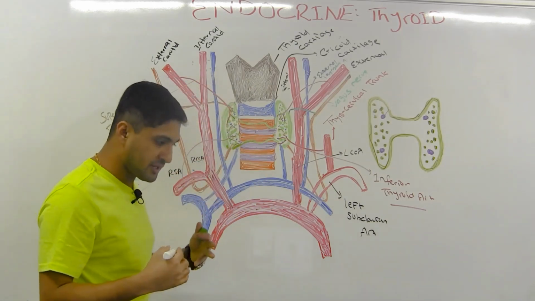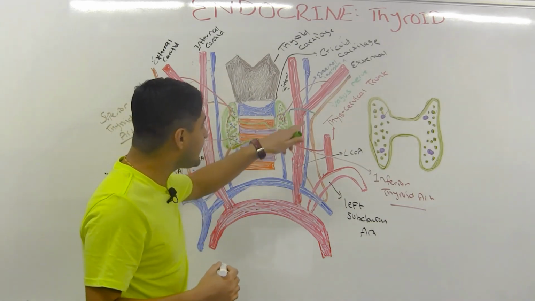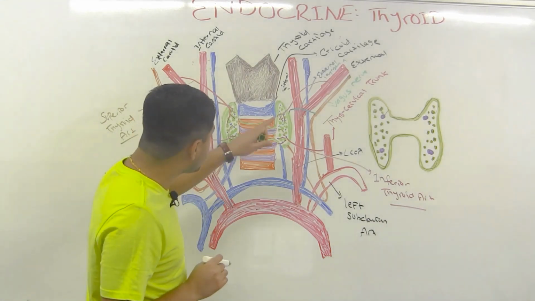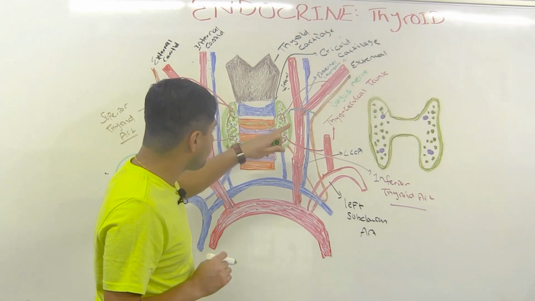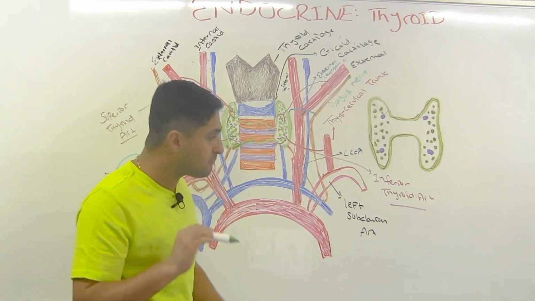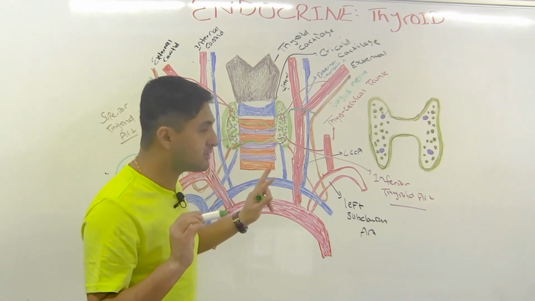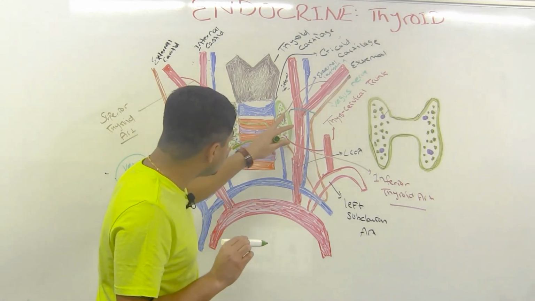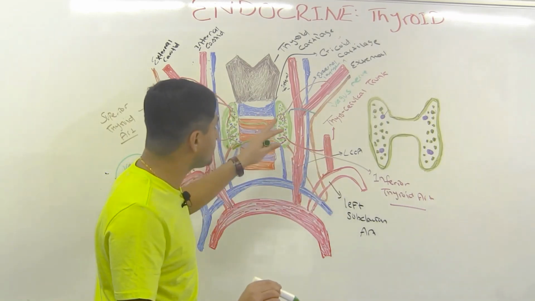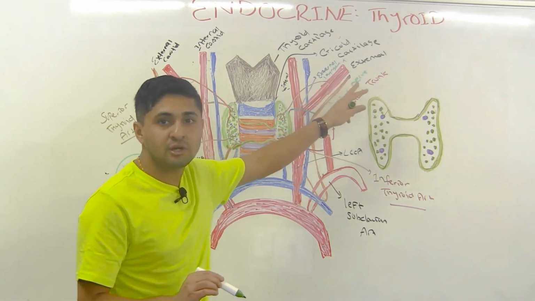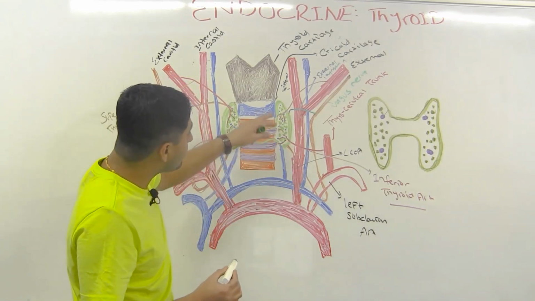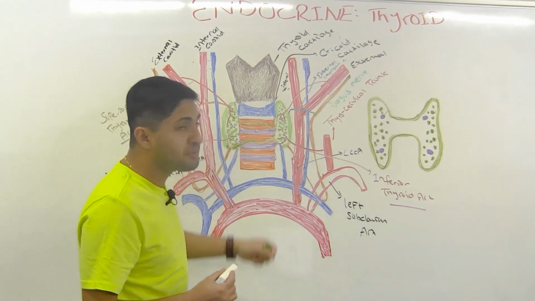So whenever you try to ligate your superior thyroid artery, you need to be very clear that you do not damage the external laryngeal nerve. I'm going to repeat one more time, it's very important. Whenever you're ligating the superior thyroid artery, watch out for the external laryngeal nerve, because it runs right near the superior thyroid artery.